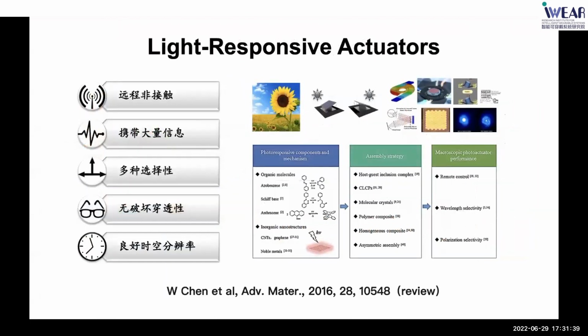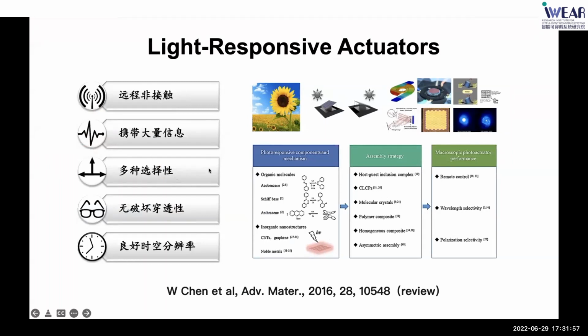And finally, I would like to introduce our second actuators, the light actuators. As introduced before, light is also an accessible source in our daily life, so we spent some time on this kind of actuators.